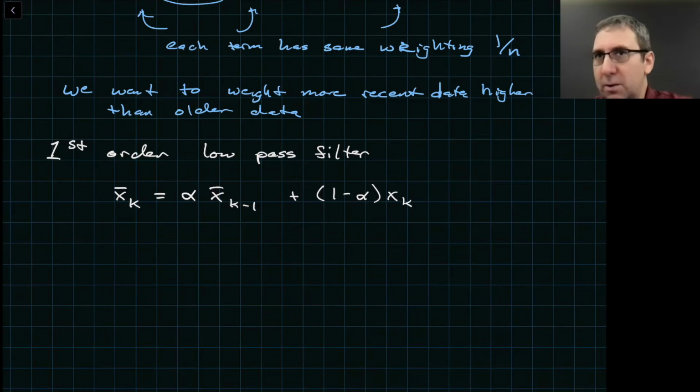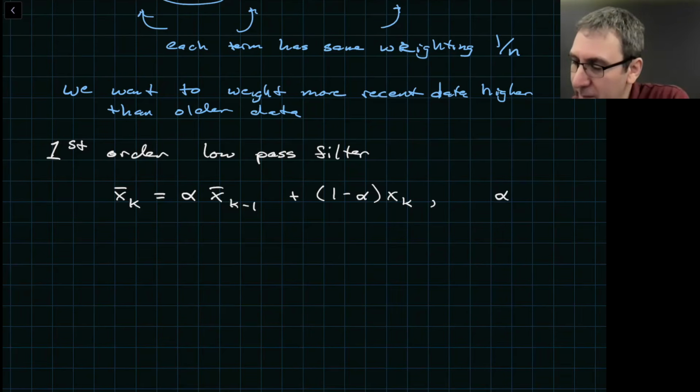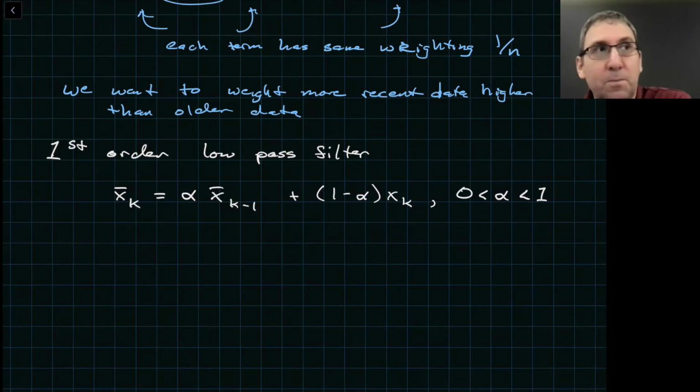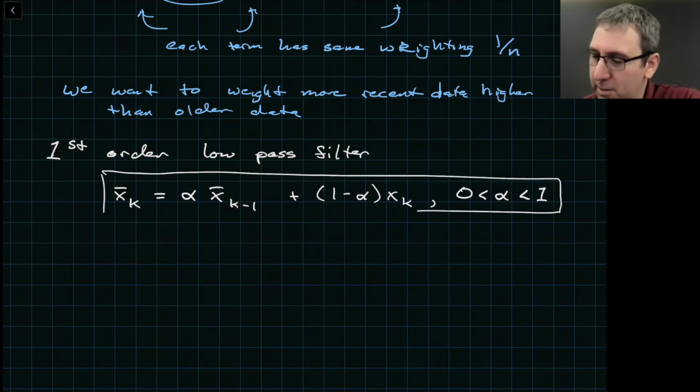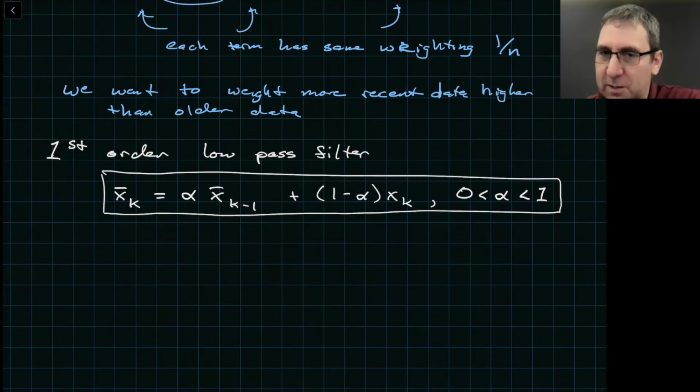And this should look familiar. This is exactly what we wrote for the expression for average, but there alpha was related to the total number of points. Here, alpha is a free variable. So alpha can be anything less than 1 and greater than 0. So this is a first order low pass filter.